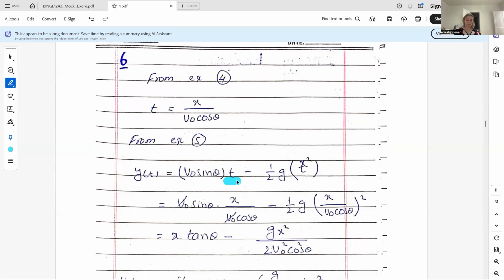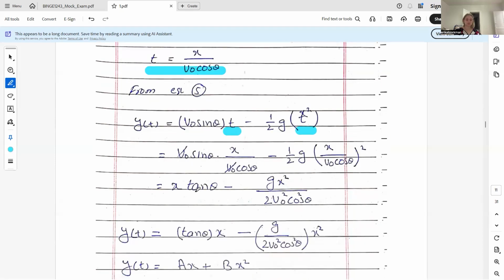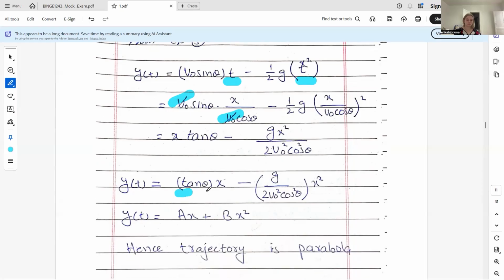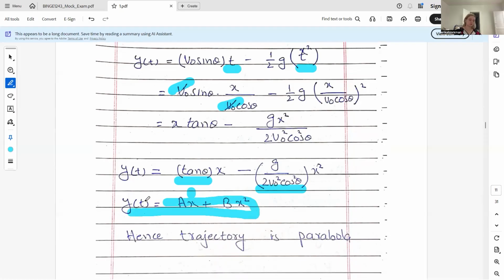Now putting the value of t here, our equation will become, cancelling v naught by v naught, y equals x tan theta minus g x square over 2 v naught square cos square theta. Isolating these values and considering them as constants a and b, our final equation becomes the equation of a parabola. Hence, we have proved that the trajectory is parabolic. Is it clear?